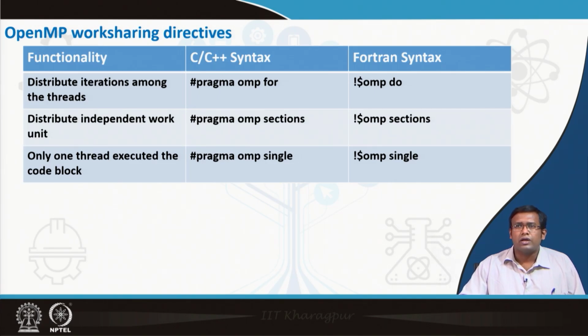Say, for example, we are looking into solving equations of motion, and the equation of motion in the x direction, the y direction and the z direction are independent of each other, because the acceleration that we get from the force, as force is equal to mass into acceleration. So, if you know the force and mass, the acceleration can be calculated independently in each direction. So, in order to calculate acceleration in each direction, independent threads can be launched.